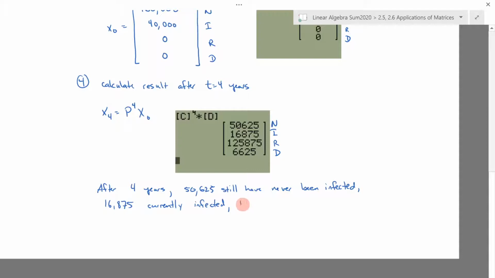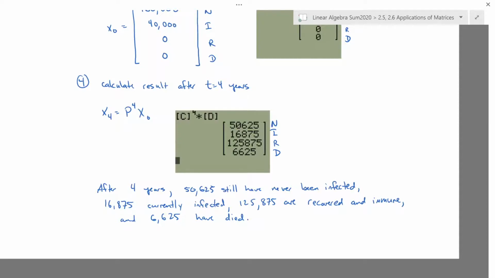And then the majority, over 125,000, are recovered after being infected, are recovered and immune. And then finally, 6,625 have died from the virus.